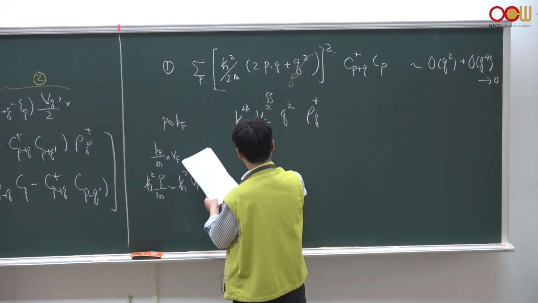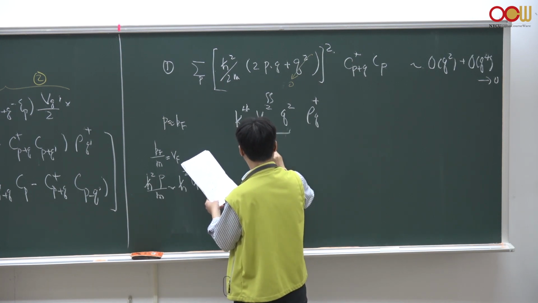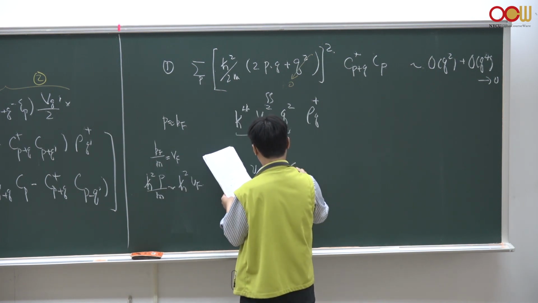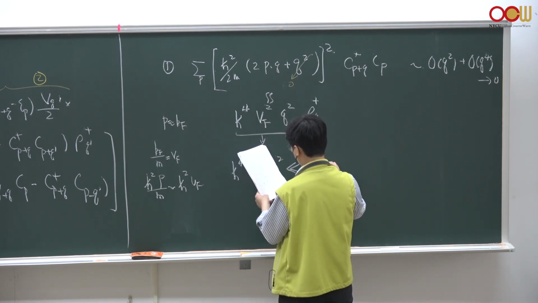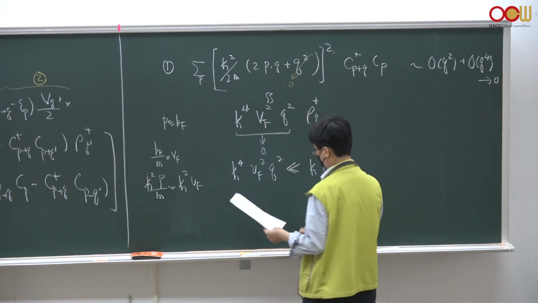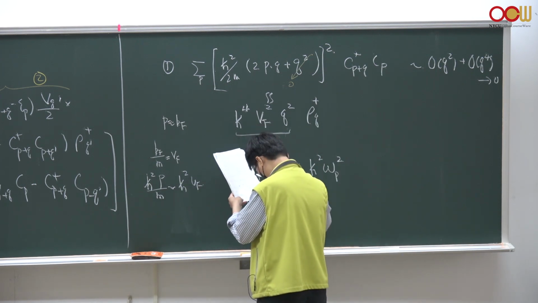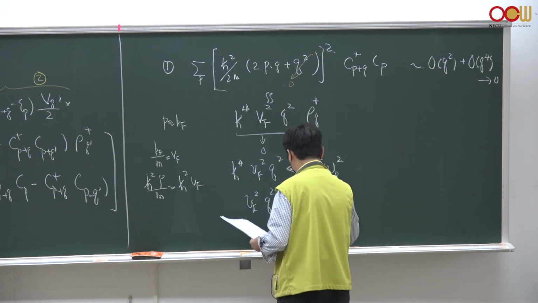Suppose this is really, really small, and we assume that this quantity is much smaller than h bar squared omega p squared, or Vf squared Q squared is much smaller than omega p squared divided by h bar squared.